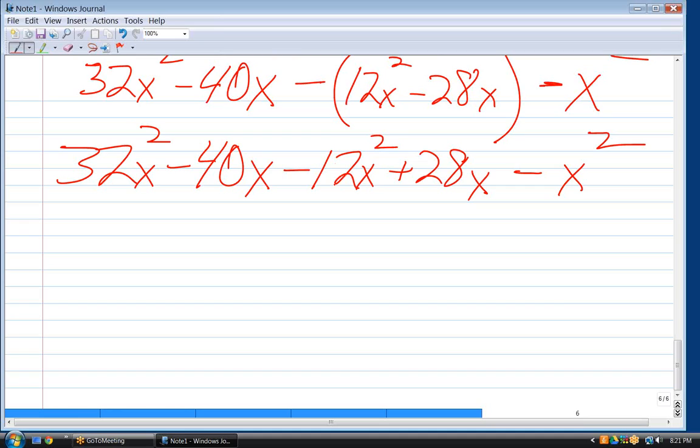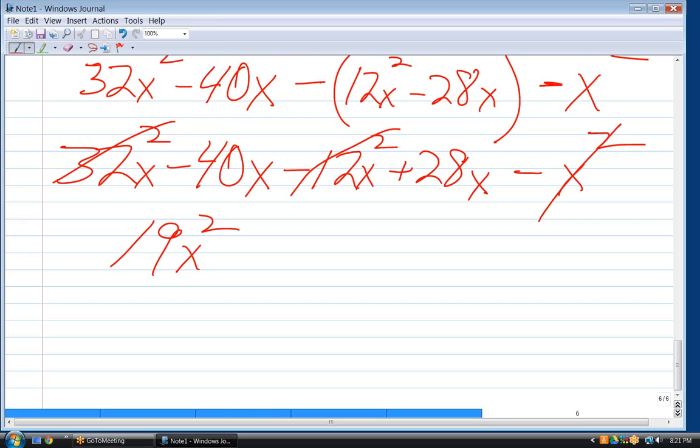Oh, sorry, I did the 40. That's okay. This is going to be 20, 21. No, because you're subtracting. 19x squared. And when I have problems like this, to make sure I catch everything, I go through and cross it out just so I won't forget something.